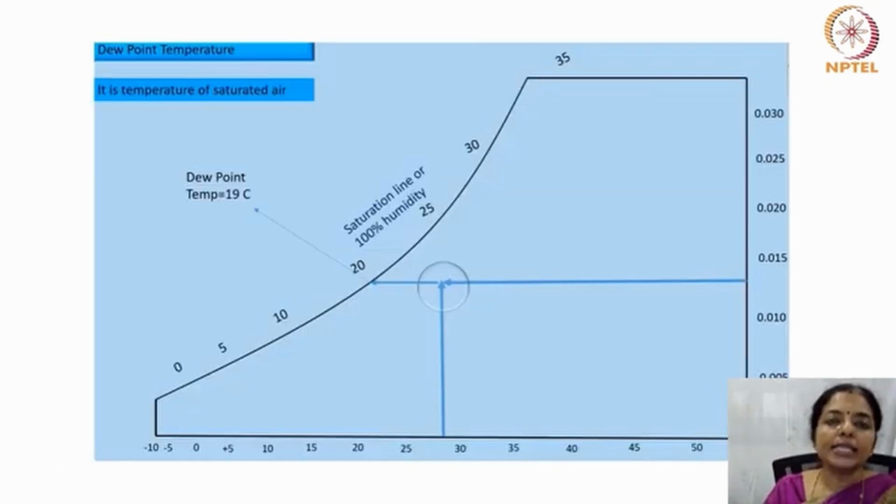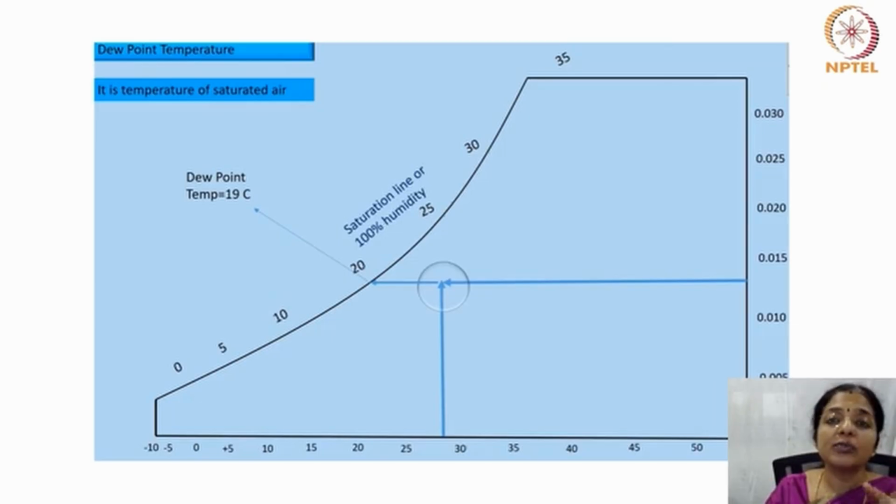Then we will understand what is dew point. Dew point temperature is the temperature of saturated air, and saturated air is the air full of water vapor. That is called saturated air. So, the temperature of saturated air is called dew point temperature.